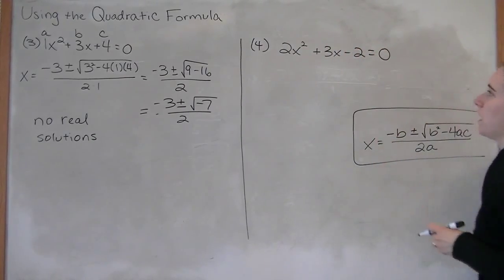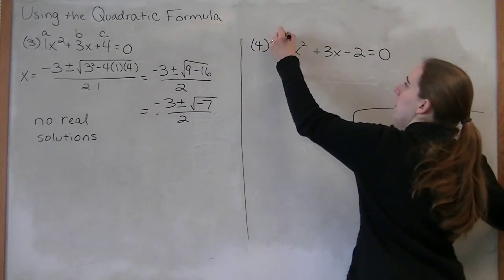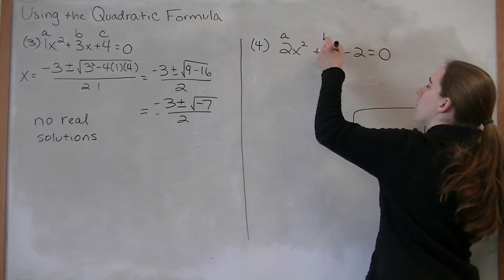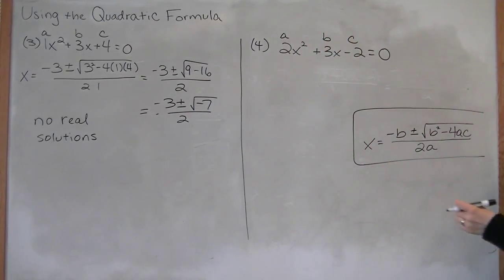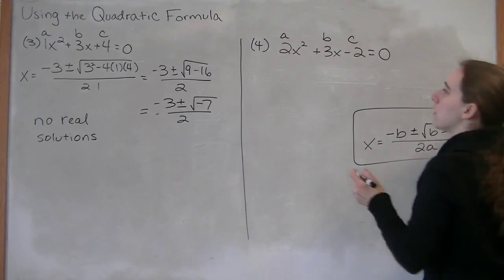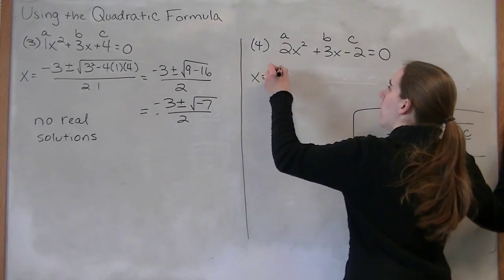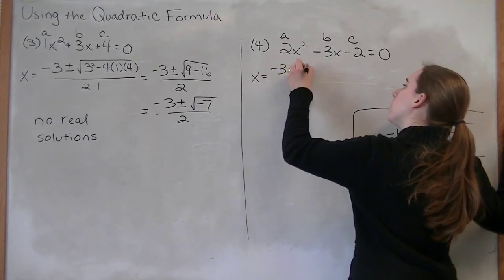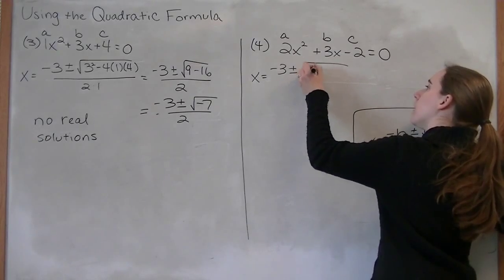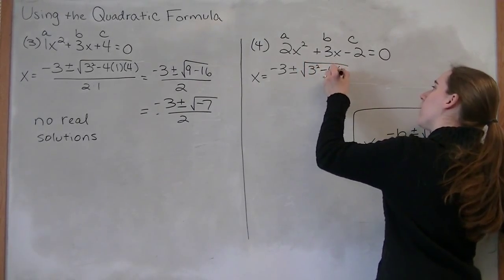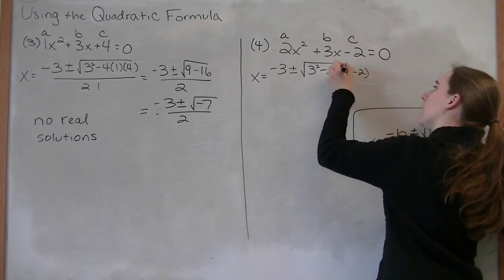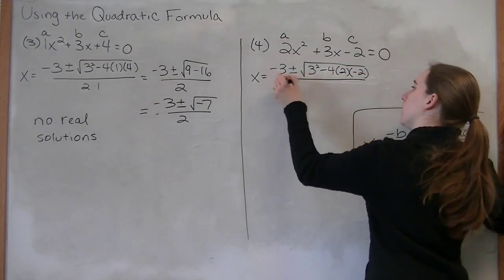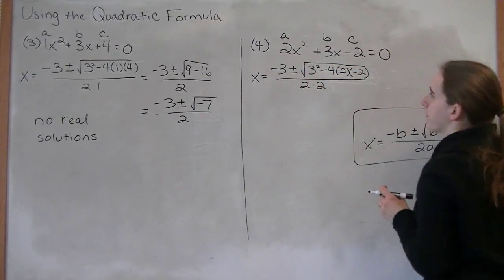Let's look at this one now. So again, we have a is 2, b is 3, and c is negative 2. So x is equal to the opposite of b plus or minus the square root of b squared minus 4ac all over 2a.